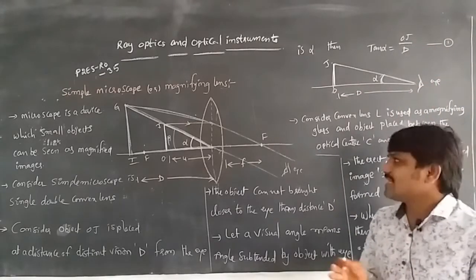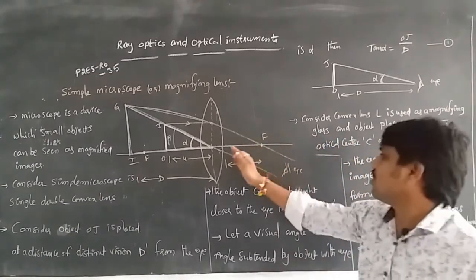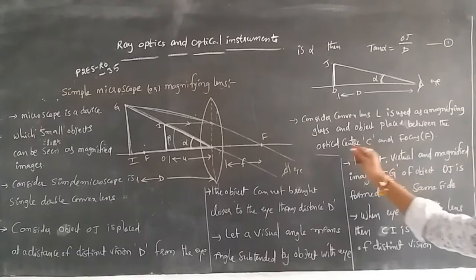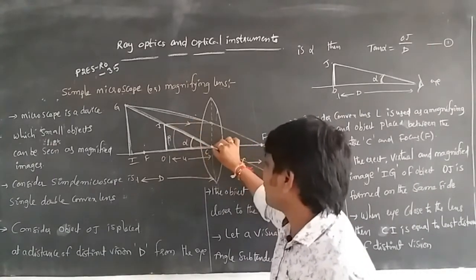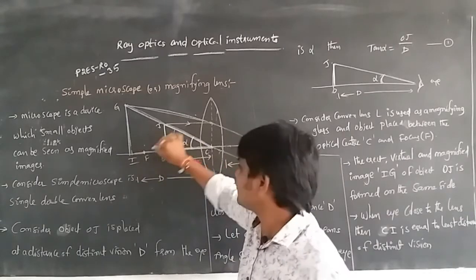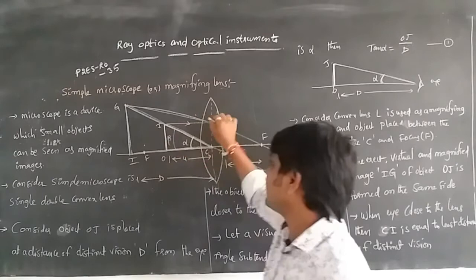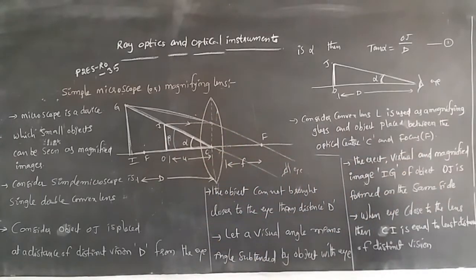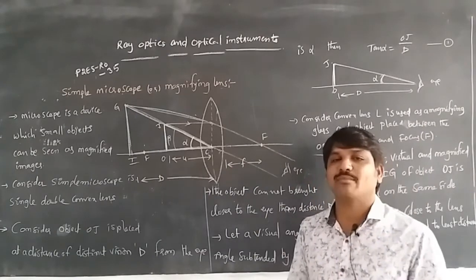Now consider a convex lens placed between the object and the eye. This is the optical center. The object is placed between the optical center and the principal focus. When the object is placed between the optical center and the focus, the convex lens forms an erect, virtual and magnified image.